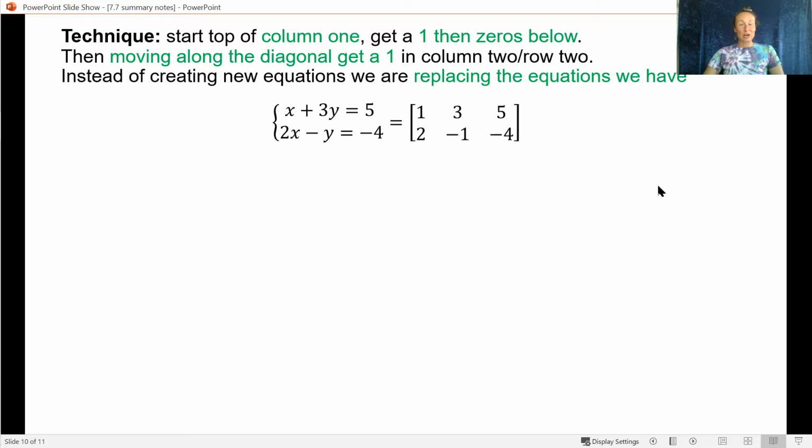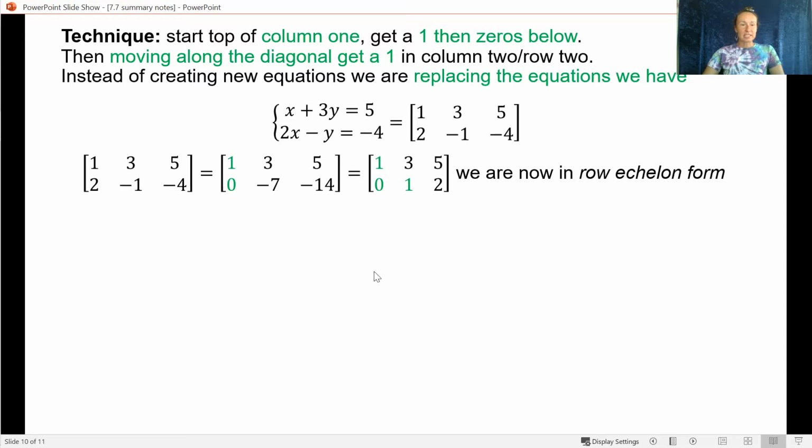What you want to do is start at the top of your first column and do whatever you need to do to get that to become a 1. So you probably are going to multiply that row by something to turn that first value into a 1. Then you're going to use addition and replace the rows below it with additives of that row to get zeros below your first 1. Once we've done that, we're going to move along the diagonal and get a 1 in the next diagonal spot. All right, and then zeros below it, and then keep moving forward.